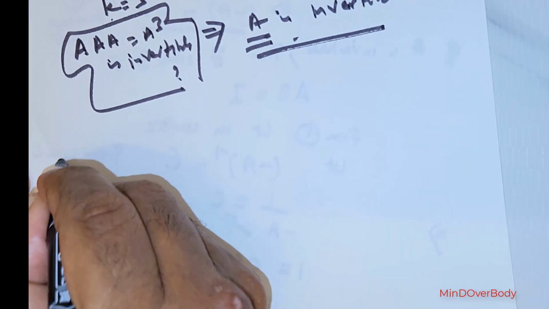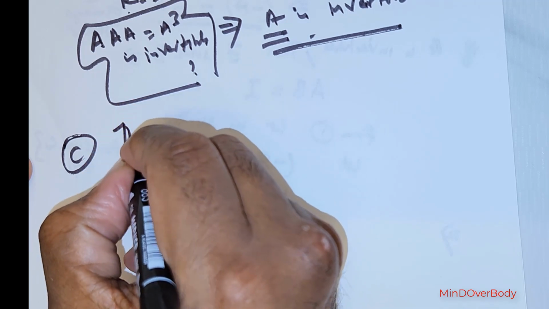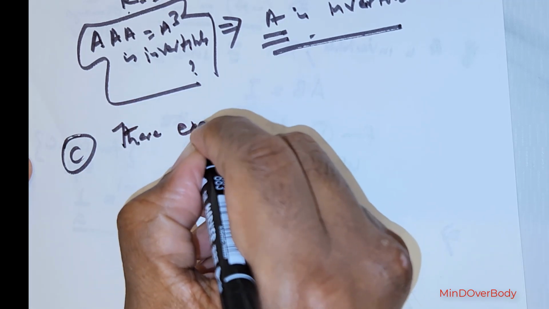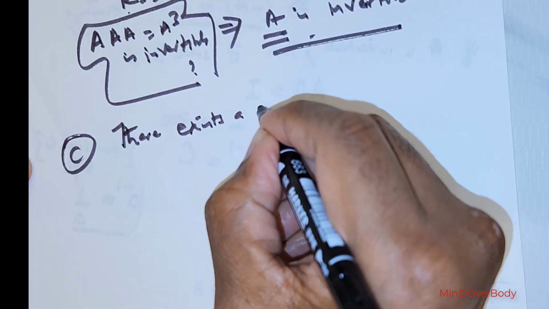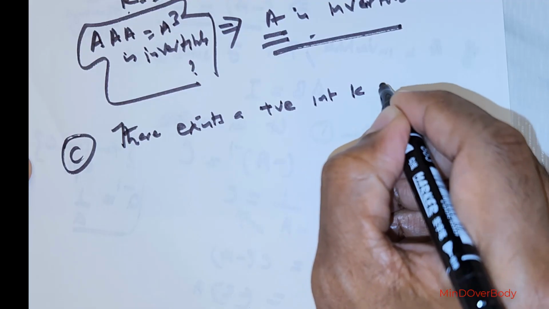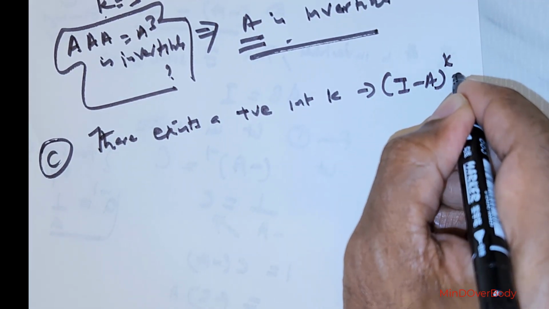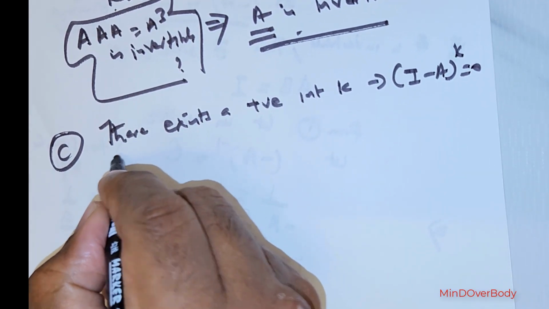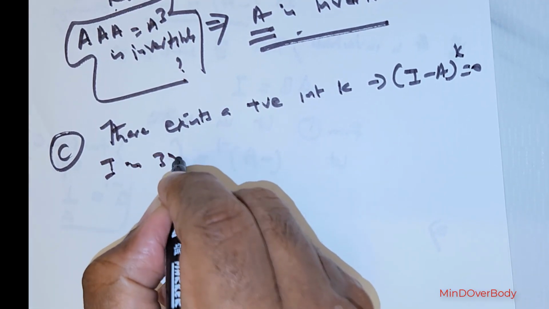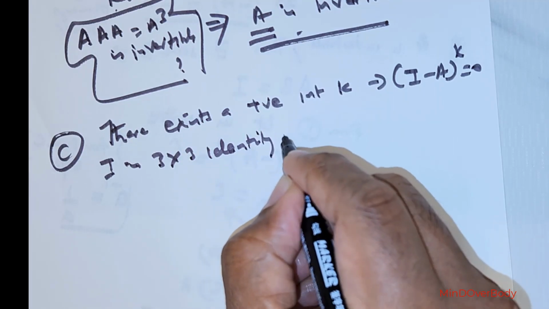Okay, this is the statement number C. Let me write that down. There exists a positive integer k such that (I minus A) raised to the power of k is equal to 0, where I is a 3 by 3 identity matrix.